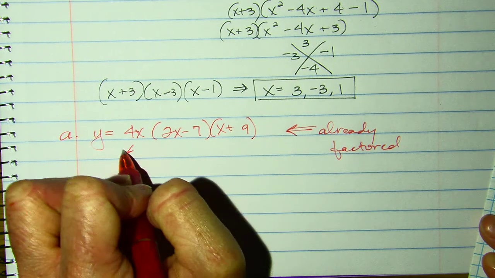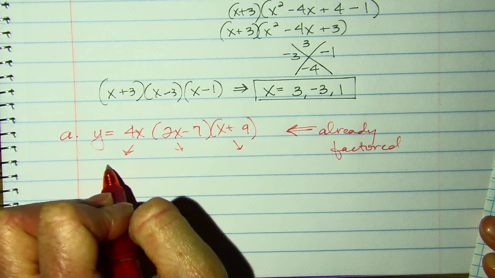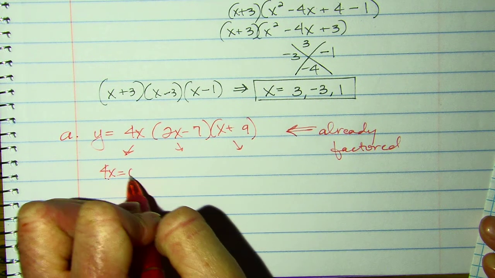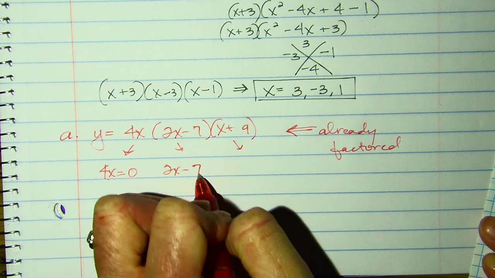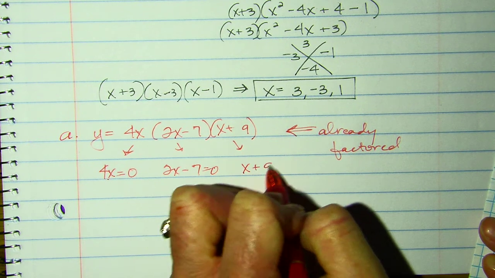So we're simply going to set each one equal to 0. 4x equals 0, 2x minus 7 equals 0, and x plus 9 equals 0.